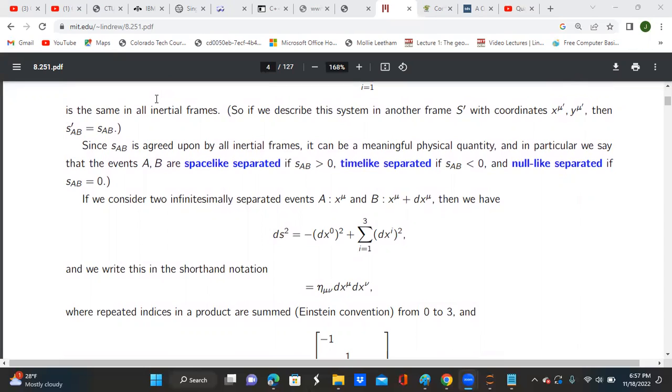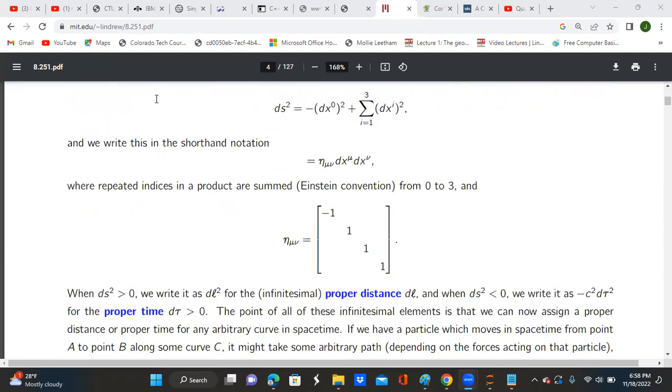In particular, we say that the events A and B are space-like separated if S_AB is greater than 0, time-like separated if S_AB is less than 0, and null-like separated if S_AB equals 0. If we consider two infinitesimally separated events, A at x^μ and B at x^μ plus dx^μ, then we have ds^2 equals negative (dx^0)^2 plus the summation from i = 1 to 3 of (dx^i)^2.